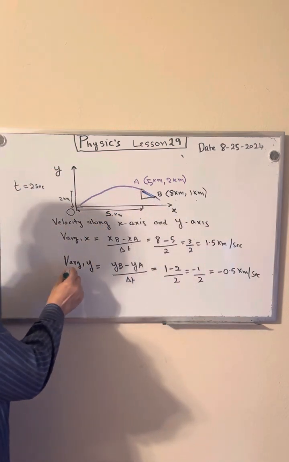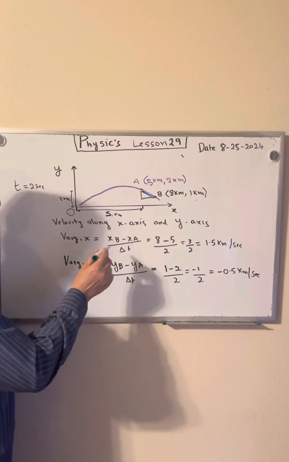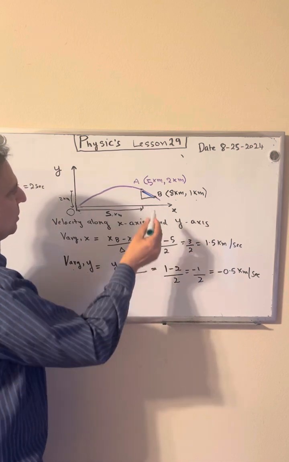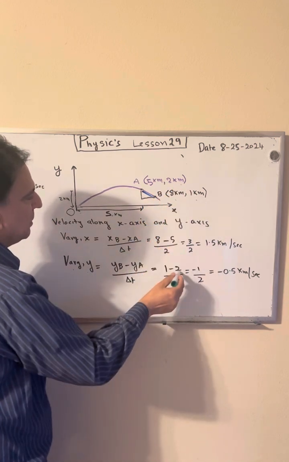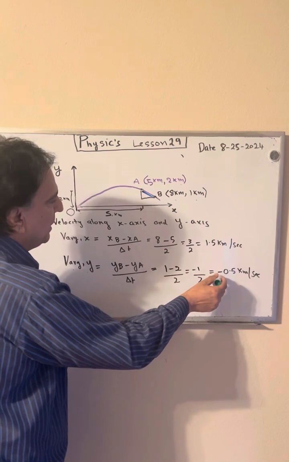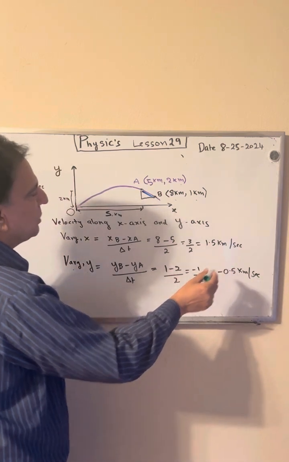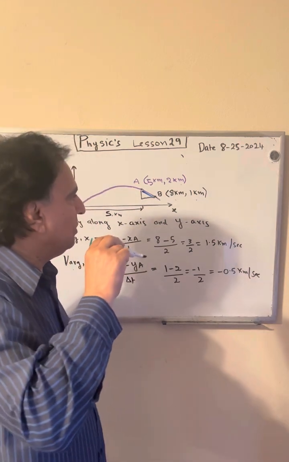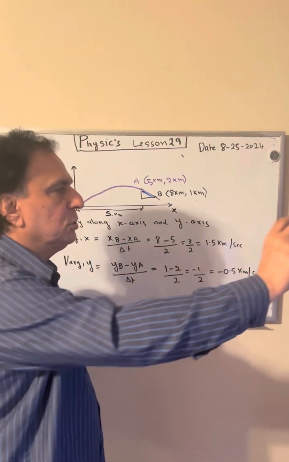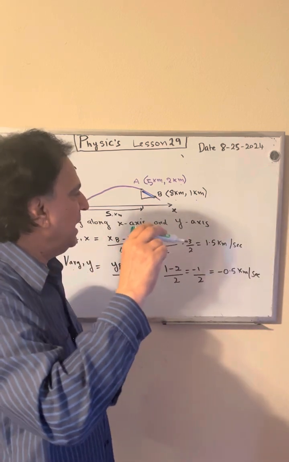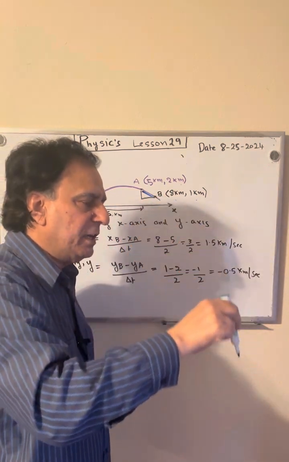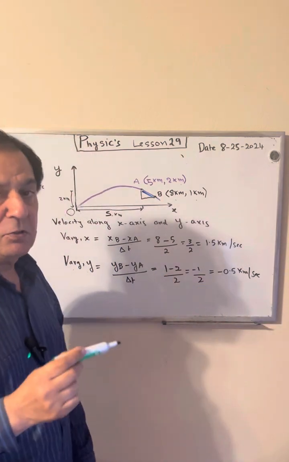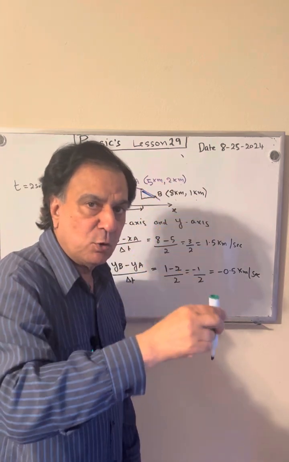Similarly, we calculated v average y, which is basically the coordinate yb, 1 kilometer, minus ya, and then we came up with negative 0.5 kilometers per second, which basically means that this has more push horizontally and basically is slowing down or going down. That is what negative 0.5 kilometer per second represents for the y coordinate.